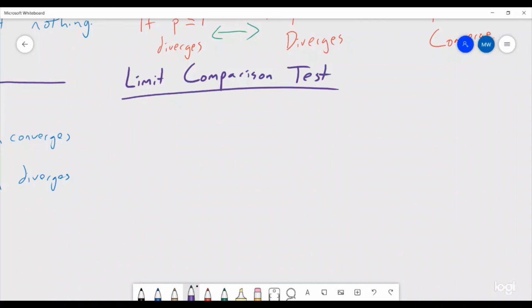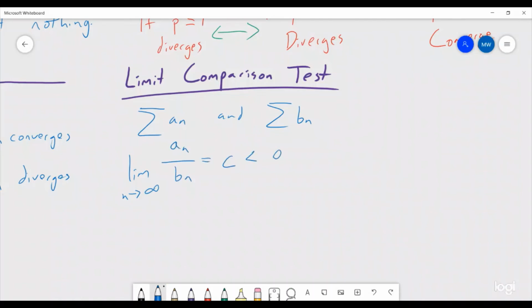So the limit comparison test says that if we have the sum of a sub n and the sum of b sub n, and if the limit as n goes to infinity of a sub n over b sub n is equal to some constant c, which is less than infinity and not equal to 0, then both the sum of a sub n and the sum of b sub n behave similarly.